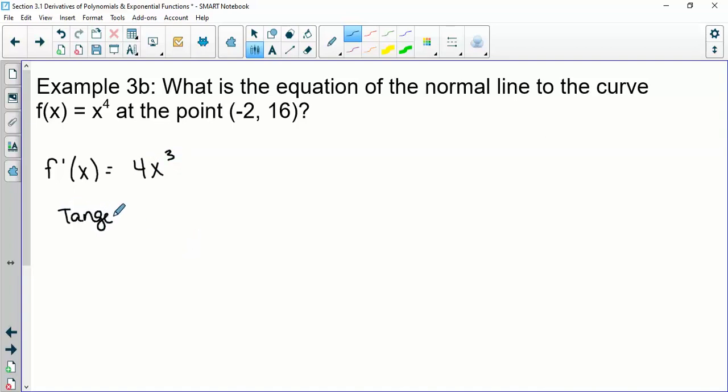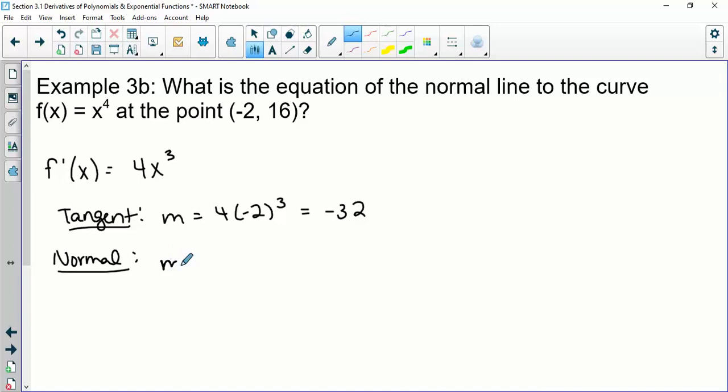So for my tangent line, my slope would be 4 times negative 2 cubed. So negative 8 times 4 is negative 32. For the normal line, what would be our slope? 1 over positive 32. Flip it and change the sign.